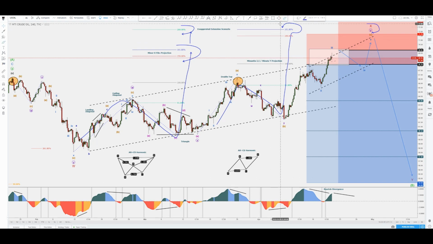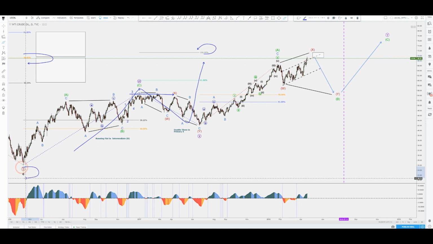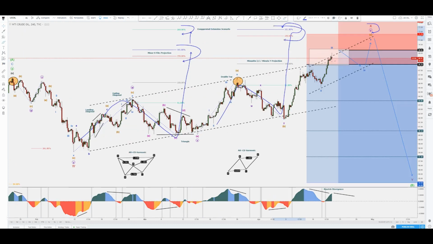But the point is that it's not only aligning on the 4-hour chart, on the 161.8 of A and B and W and X 200%. If I go back and remind you, on the daily scale, W and X are aligning with the 100% right here, also aligning with the 50% of the drop of the C. So you can see that the levels between 70 and 72 are quite important, I would state.